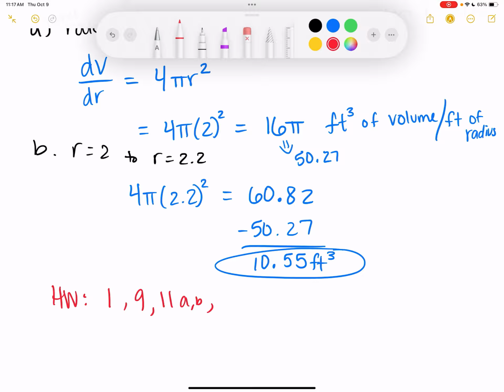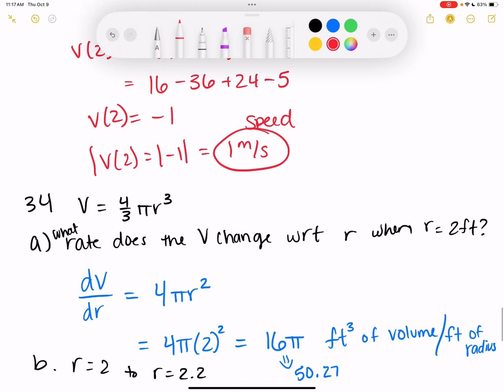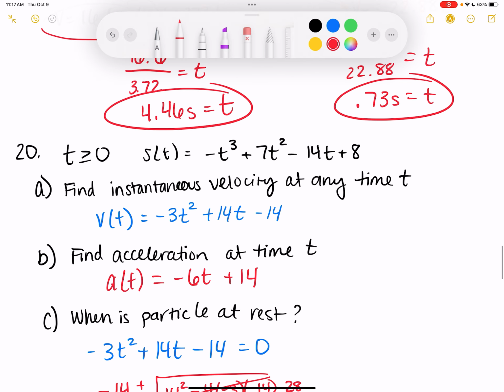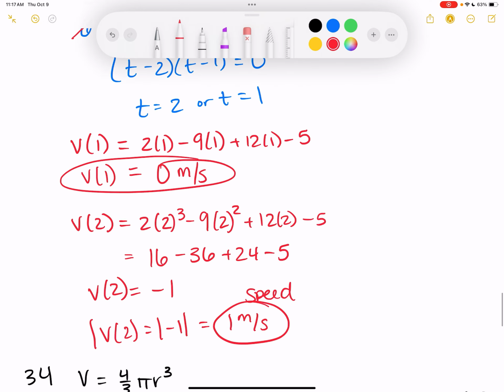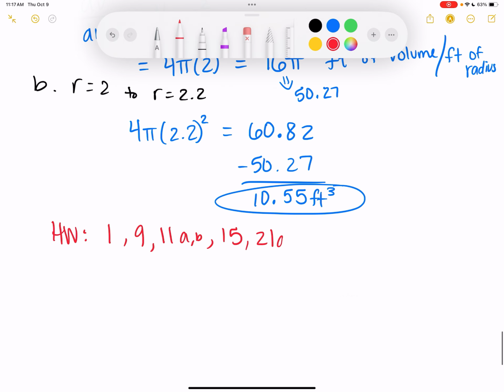And then 15, 21, again, just on that one, parts A through, wait, is that the one we did? 20, we did 20. Yeah, just parts A through C on 21.